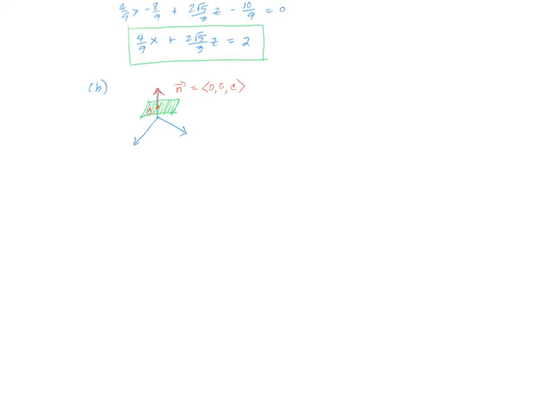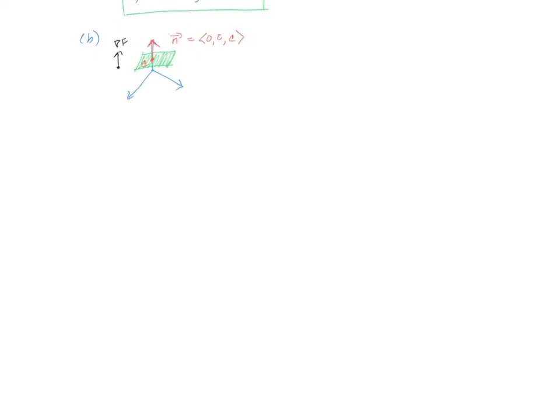Now, if my ellipsoid has a horizontal tangent plane, what that means is the normal vector or my gradient vector for my ellipsoid would need to be parallel to this vector. So I don't know where my ellipsoid is. I could find out easily by graphing this, but I know that my gradient vector, wherever it may be, would need to be parallel to this normal vector.